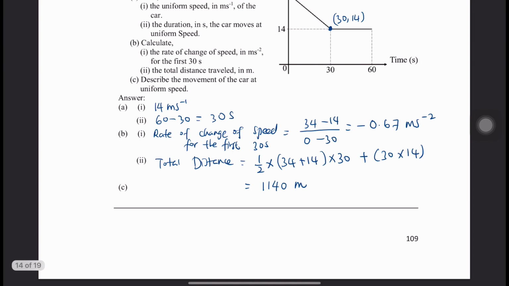Okay, and finally describe the movement of the car at uniform speed. Describe lah yang uniform speed ni. So macam mana kita boleh buat?